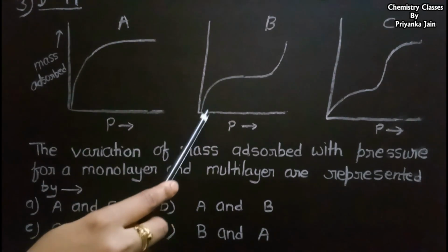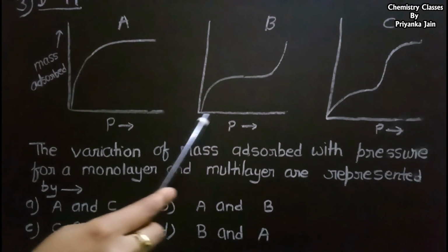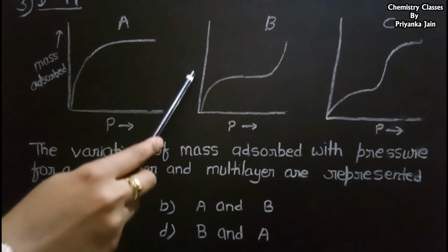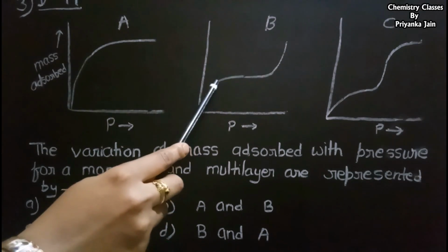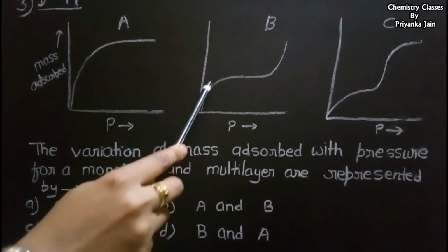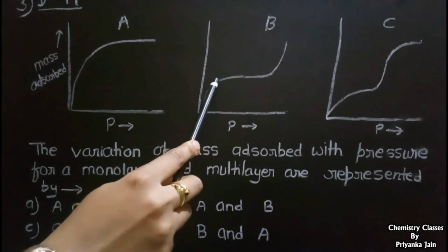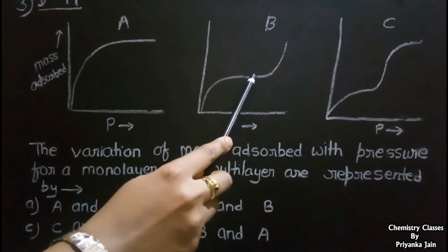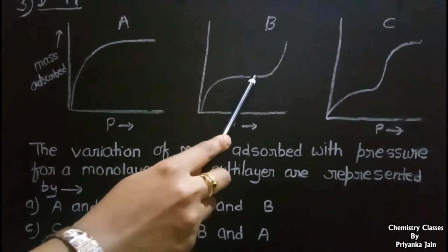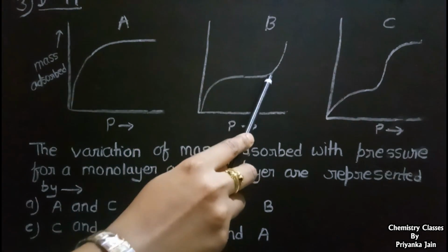Now we look at curve B. In this curve this is the pressure and this is the mass adsorbed. As the pressure increases, in the initial stage the rate of adsorption is increasing, then at a particular limit it becomes constant. Now if we increase the pressure, again the rate of adsorption increases. Why does this happen?